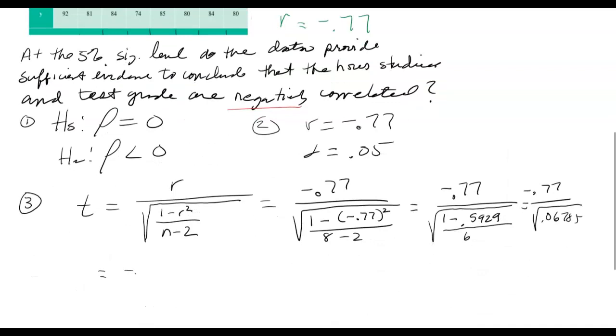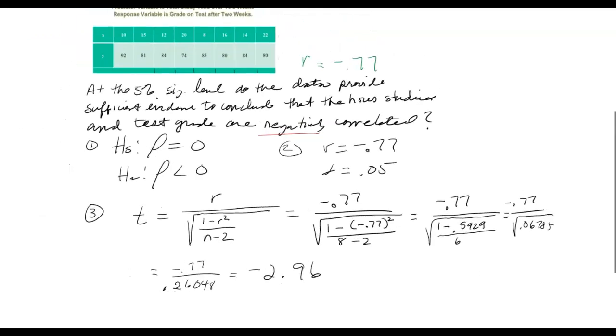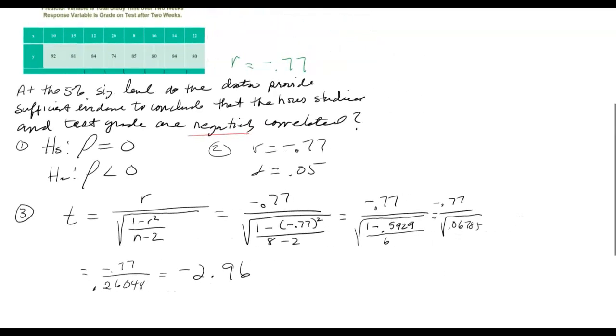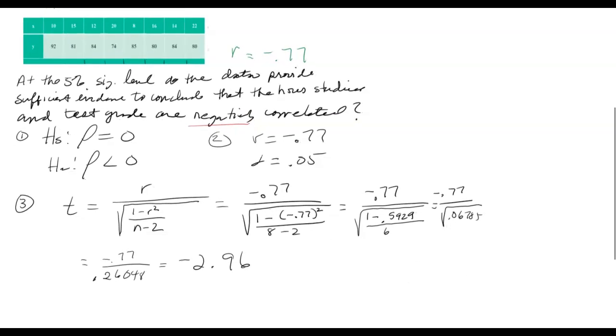And I am getting negative 0.77 divided by 0.26048. And I got a test statistic of about negative 2.96.